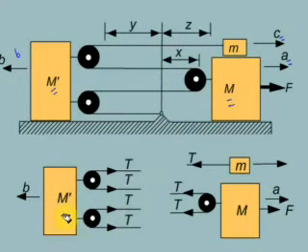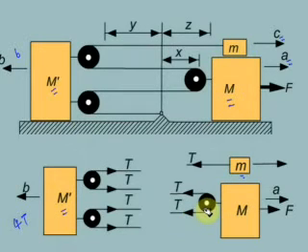So the forces acting on the block of mass m dash are tension T, T, T and T. So the total force acting on block of mass m dash is 4T. Similarly, the tension force acting on the block of mass small m is T, and the force acting on the block of mass capital M is 2T.